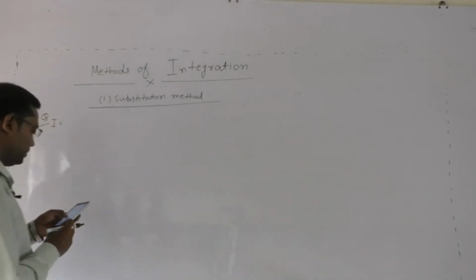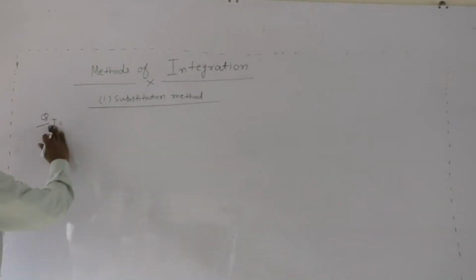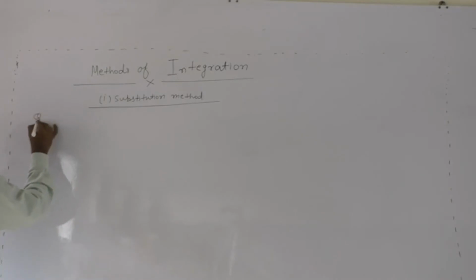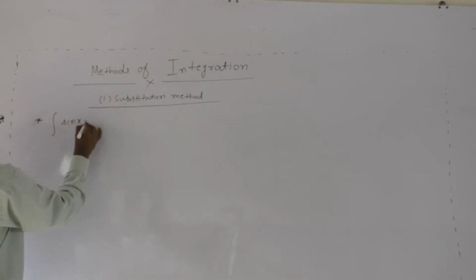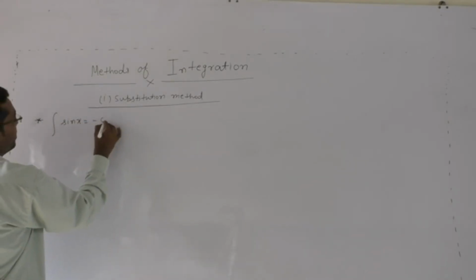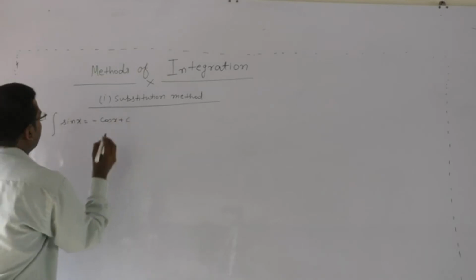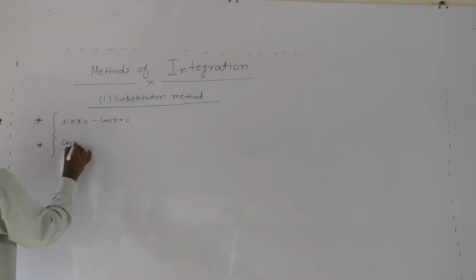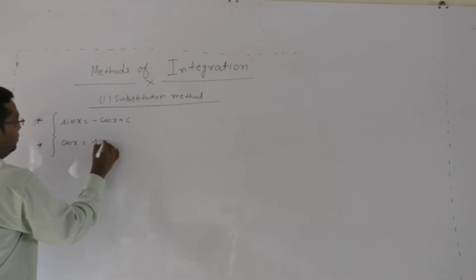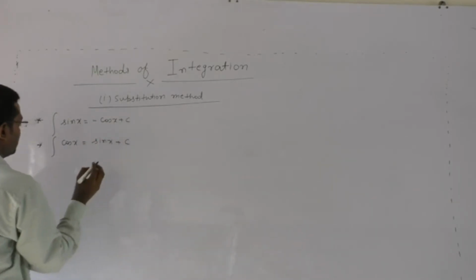Now we will see the integration of trigonometrical functions. We know the integration of sin x. Sin x integration is minus cos x plus c. We know the integration of cos x, that is sin x plus c.